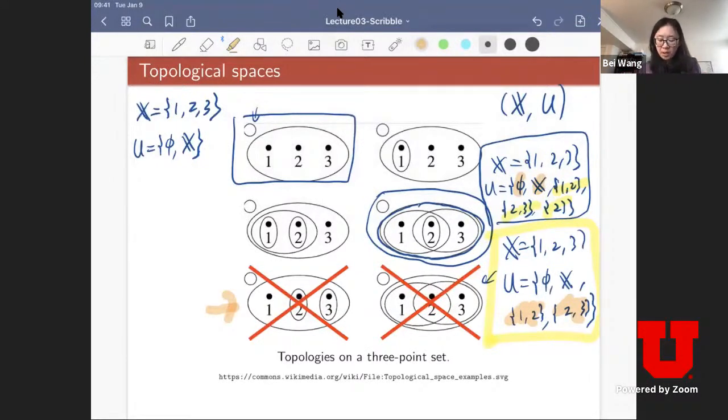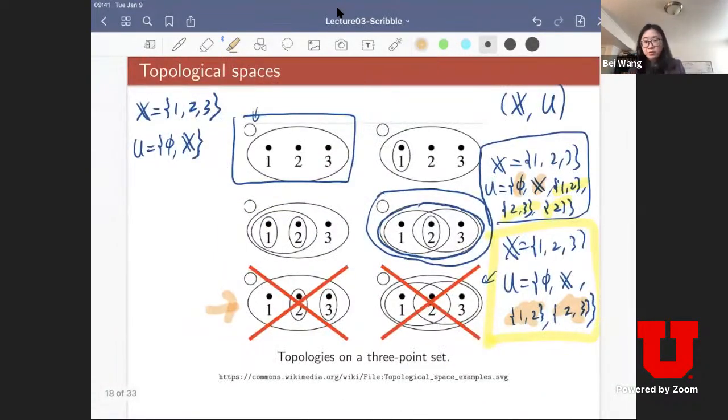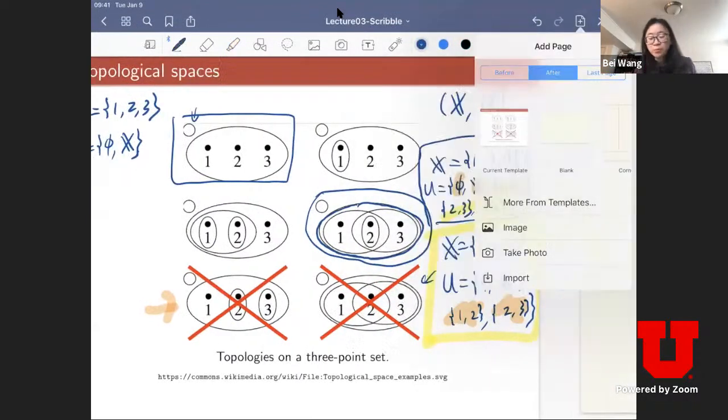Okay. So this is a situation of a topological space. So what is a classic topological space that you have been working with? You are just not aware it's a topological space. The real line is a topological space.